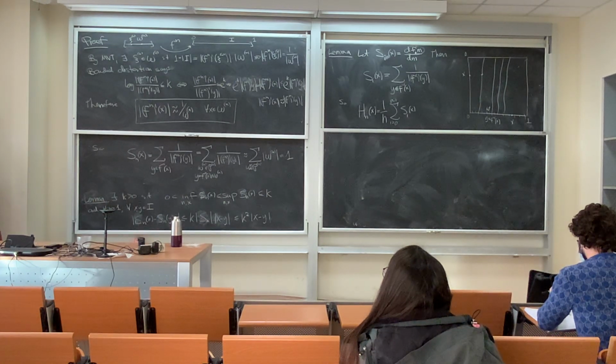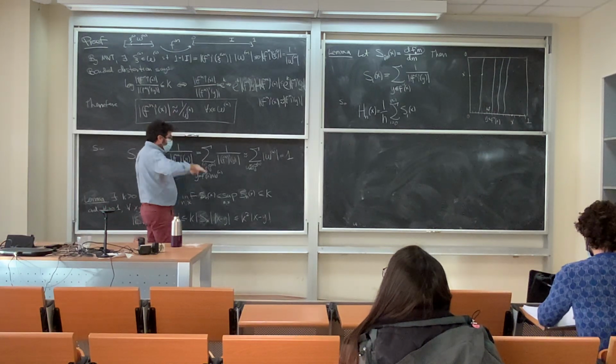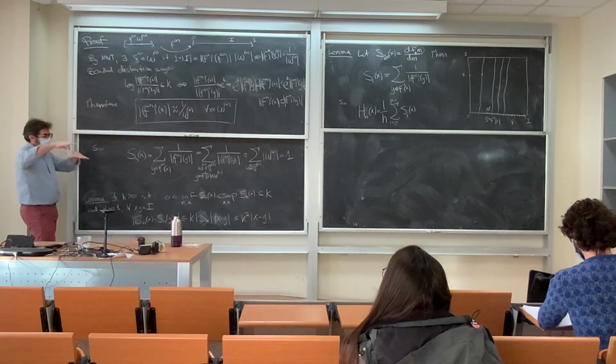So this shows that the density of these push forwards is uniformly bounded away from 0 and infinity, right?